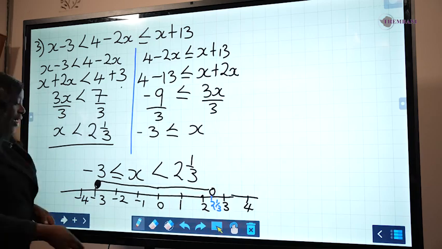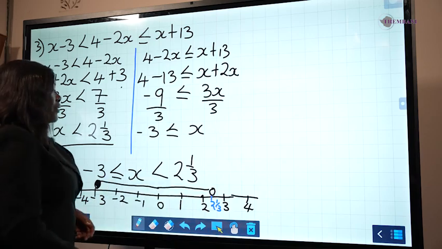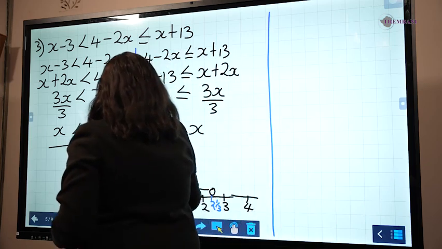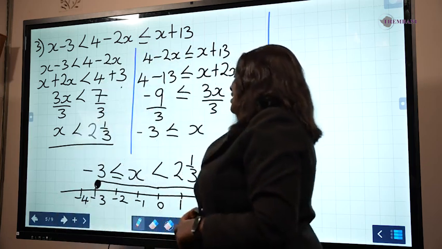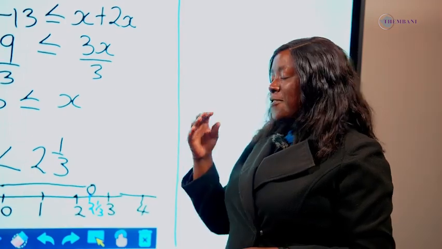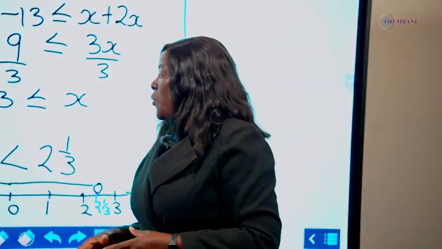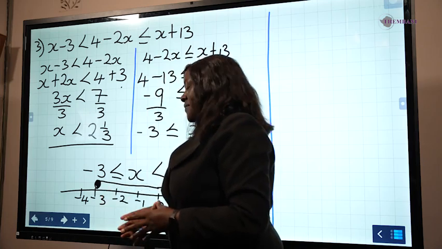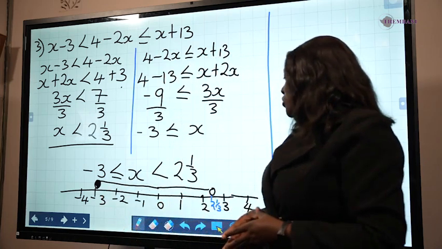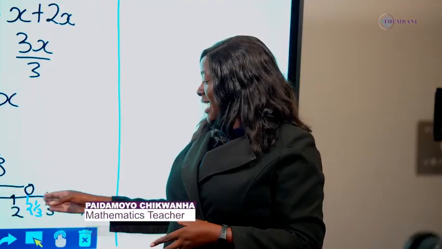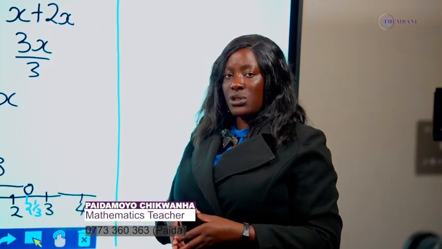Now we need to have a solution set which is coming from our number line. So our solution set in this case is starting from somewhere and ending somewhere. It starts from where we have shaded. But it's not going to end at where we do not shade that circle because that value is not included in the solution set.